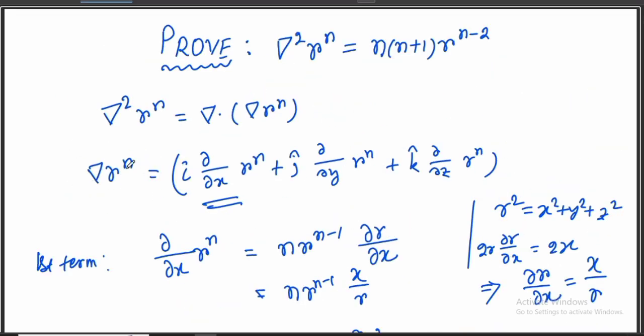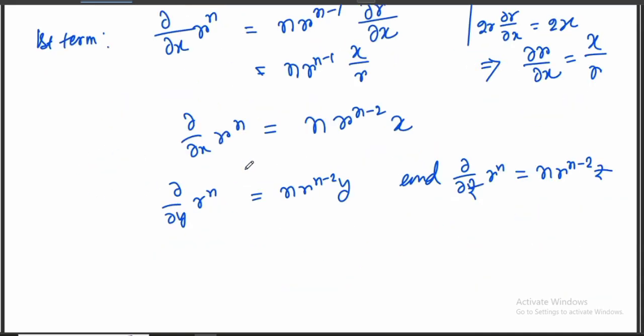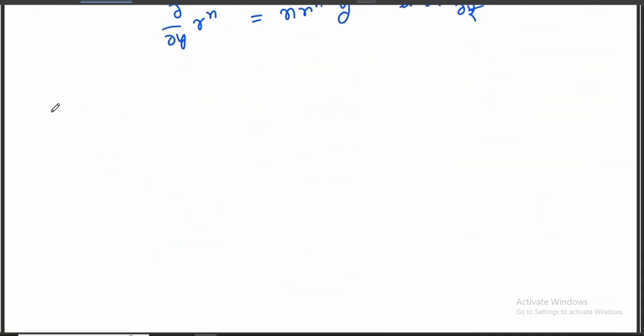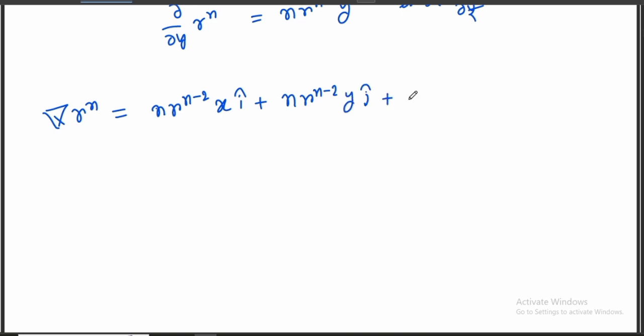Now let's put this into grad r to the power n. So it will be grad r to the power n equals n r to the power n minus 2 x i cap plus n r to the power n minus 2 y j cap plus n r to the power n minus 2 z k cap.